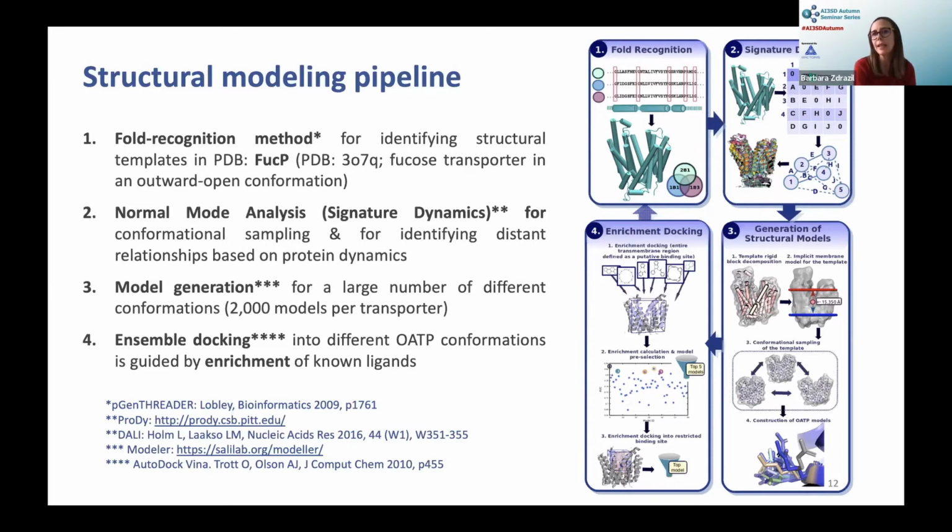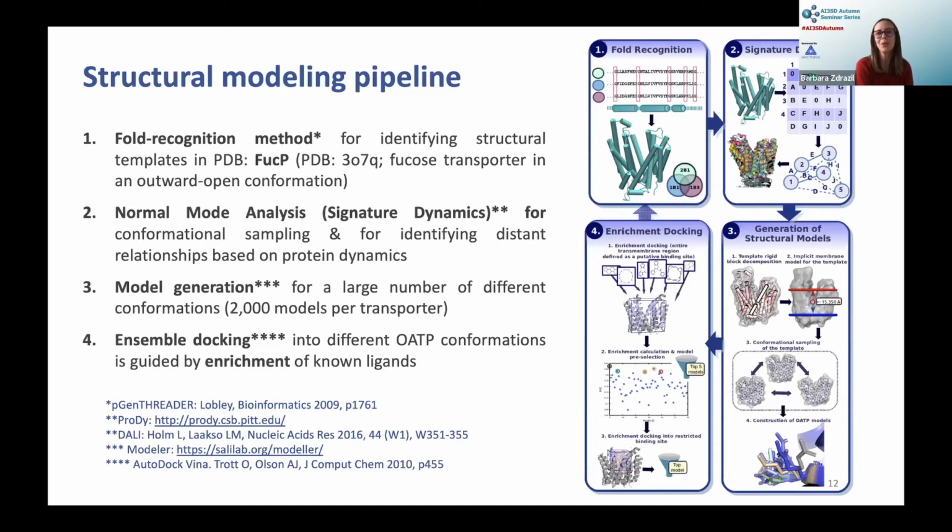And then in the second step, we applied normal mode analysis. I will explain on the next slide how exactly that works, but basically we did this for 2 reasons. One was we wanted to sample different conformations of this transporter, because of course these aren't static proteins, they are in motion, right? So we wanted to make sure we have the right conformation for docking.